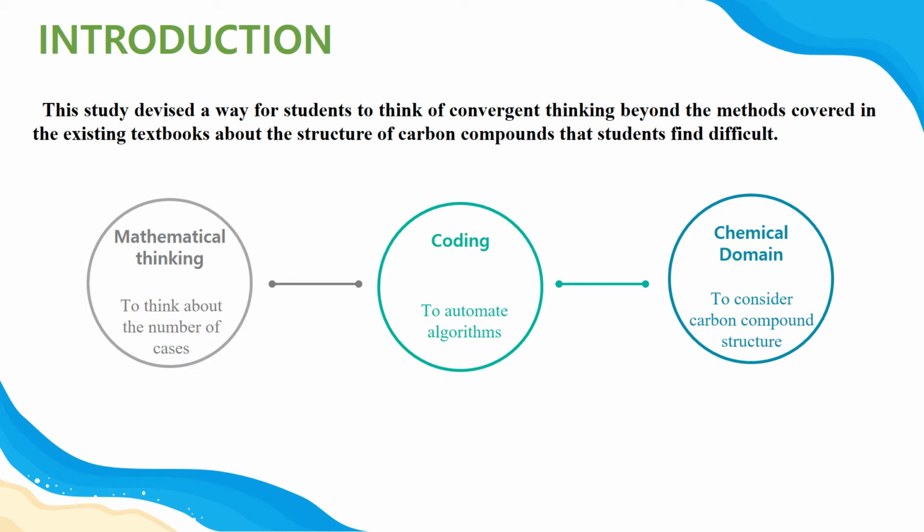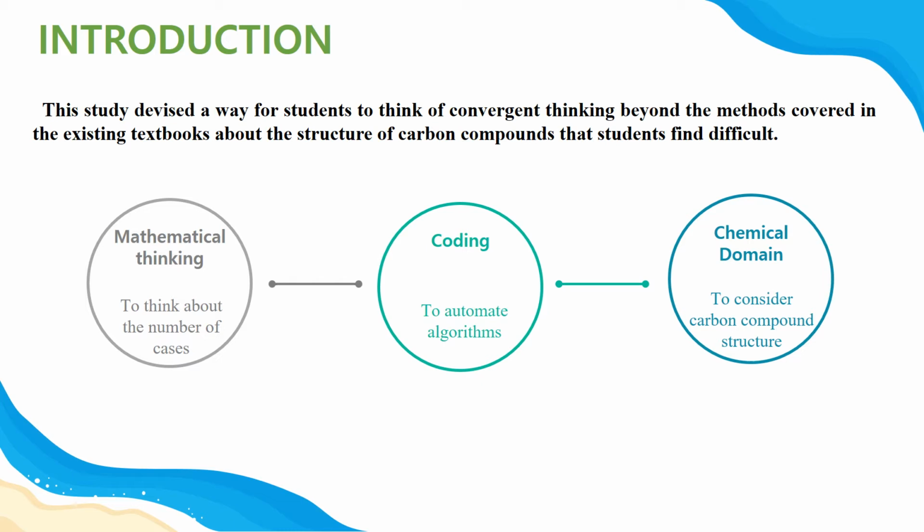Since students have to think about all possible structures of carbon compounds, it is necessary to think about the number of cases, which falls into the mathematics domain. In addition, it is necessary to have the ability to judge whether the conditions specified in each case are met.